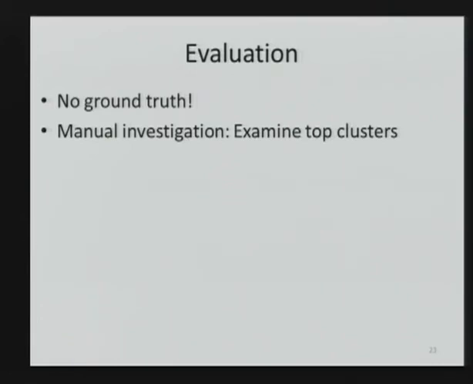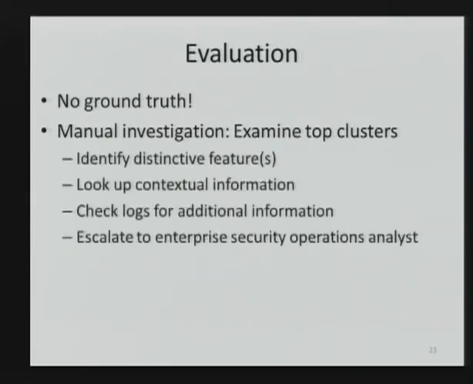And our investigation process goes like this. First, we identify the distinctive features in that cluster, which means that we identify the features which made that cluster stand out, that made it an outlier. And then we look up contextual information about hosts in that cluster. For example, which domains they went to, the reputation of those domains, when those domains were registered, stuff like that.